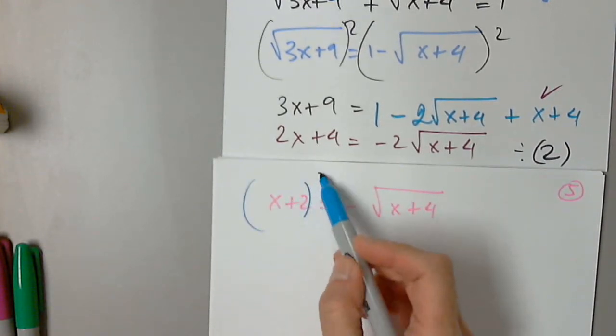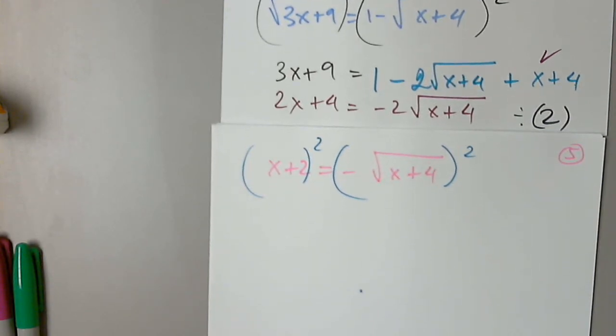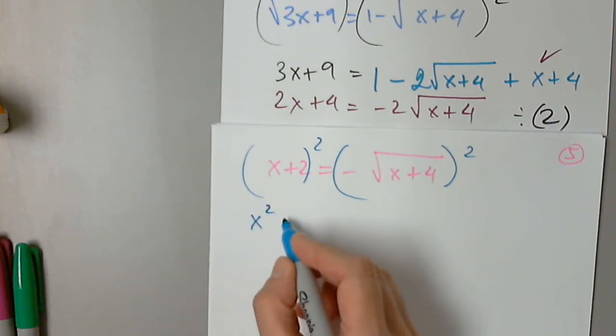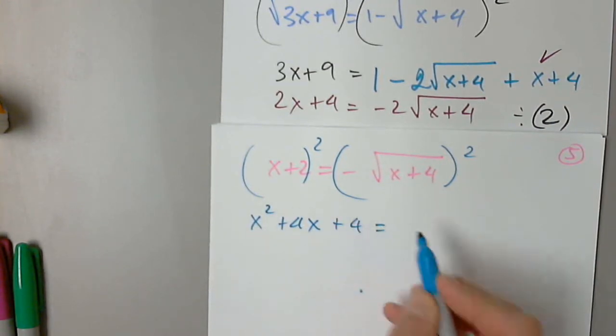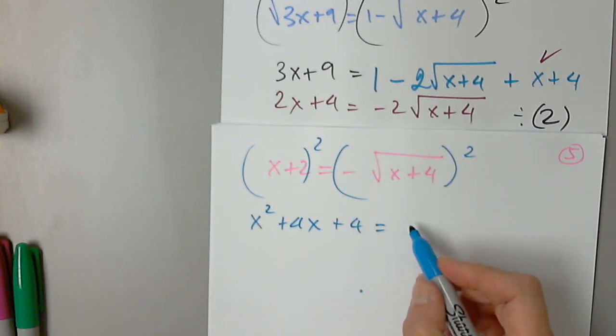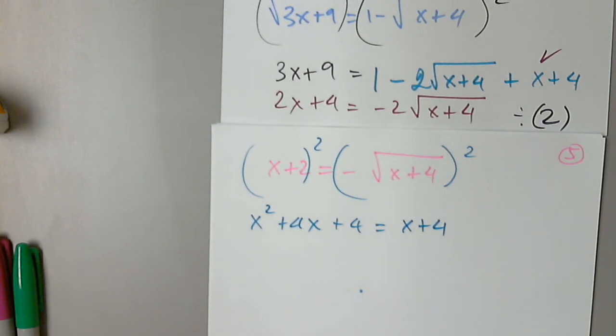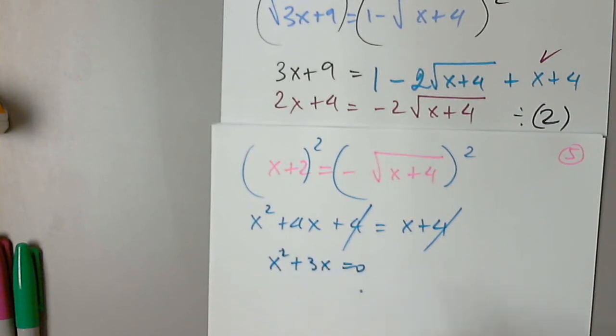Okay, so now we square both sides. Can anyone give us the 3 terms on the left? Excellent. And can anyone give us the right-hand side? Very good. Luckily, these two go away. It's quadratic: x squared plus 3x equals 0.